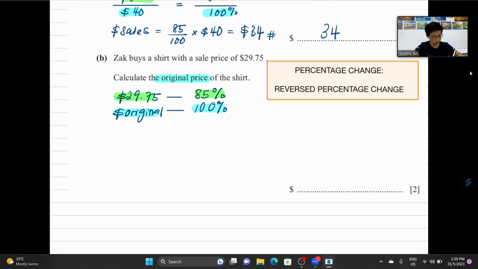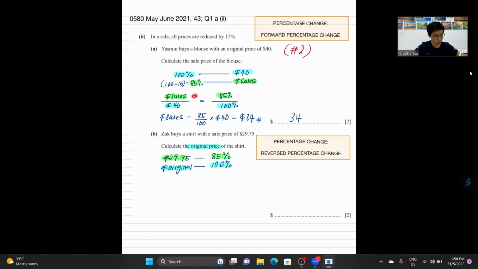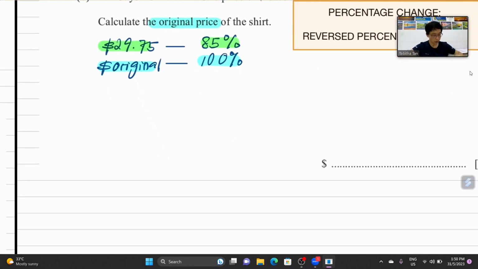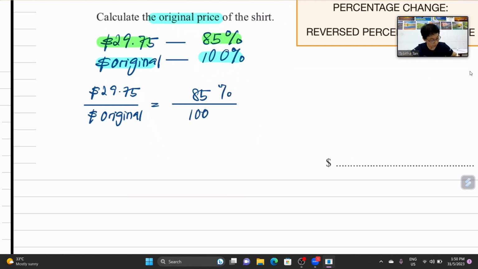And now just put a dividing line. Why not this time I just arrange as it is. So I'm just going to arrange 29.75 over the original equals to 85 over 100.